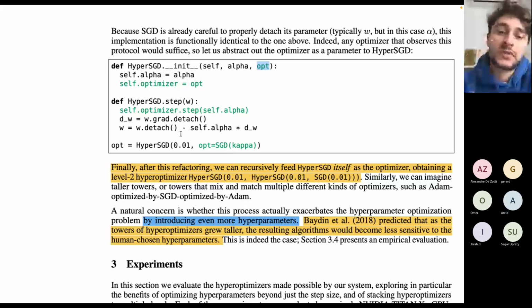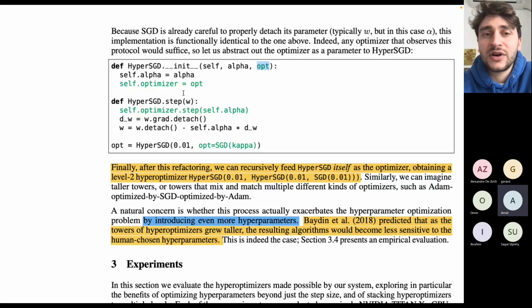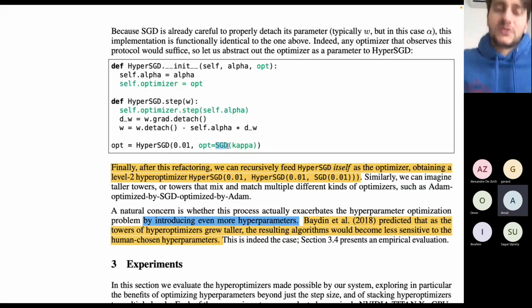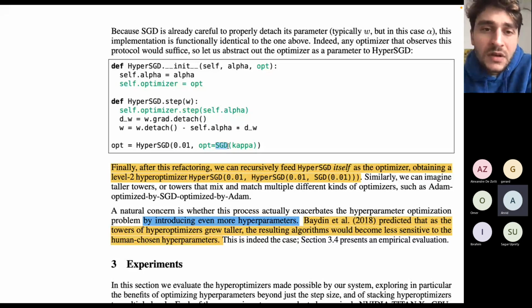Where you only have the one hyperparameter at the top of it. One point that they make is that your optimizer doesn't necessarily have to be the same as the one you're using. For example, in this equation they're using stochastic gradient descent as their optimizer, but they could use Adam, and then they would be introducing 4 hyperparameters as opposed to just one with stochastic gradient descent.